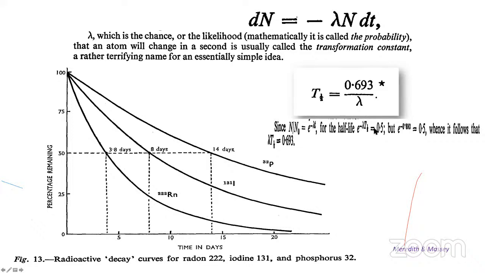If you look at N by N0, it is the exponential of the transformation constant into time, and for half-life it has become 0.5. Then the transformation constant into T half becomes 0.693. So the half-life is 0.693 divided by the transformation constant.